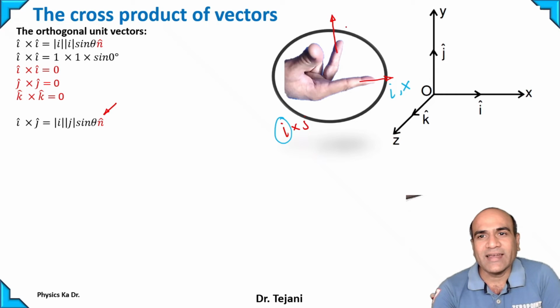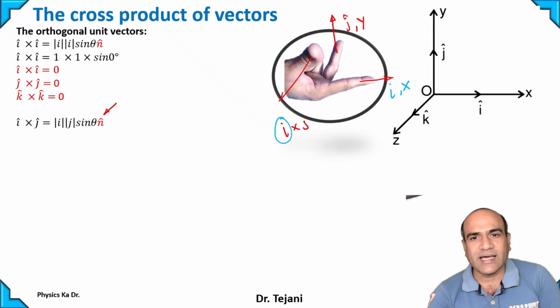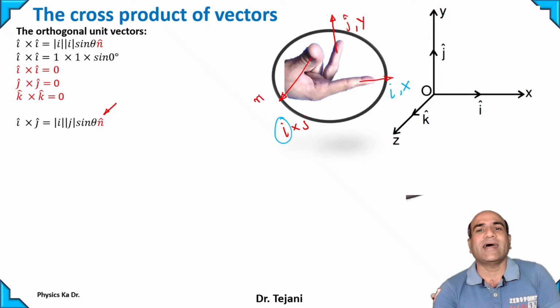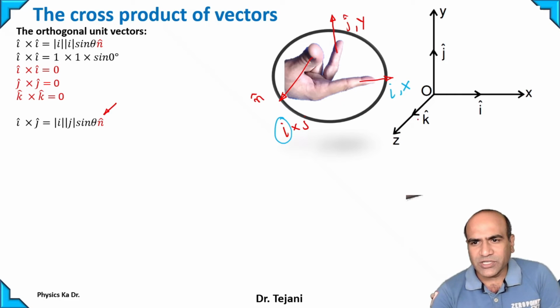So this is the y direction, j representing the y direction. Right? In this case, the thumb is going in this direction. The thumb represents the n direction, meaning it's the cross product vector. So the thumb direction is showing what?